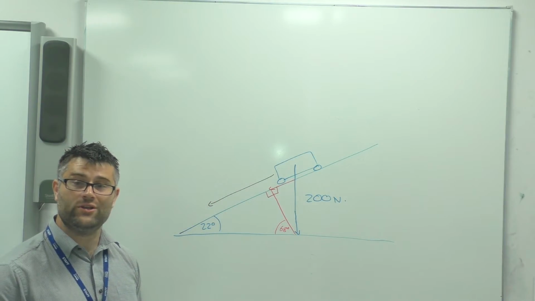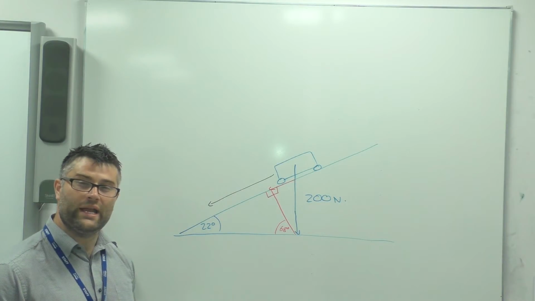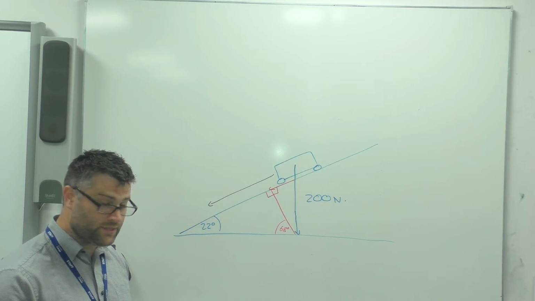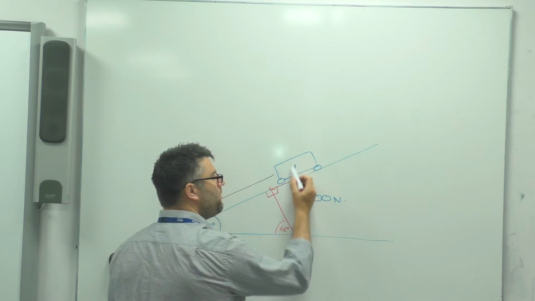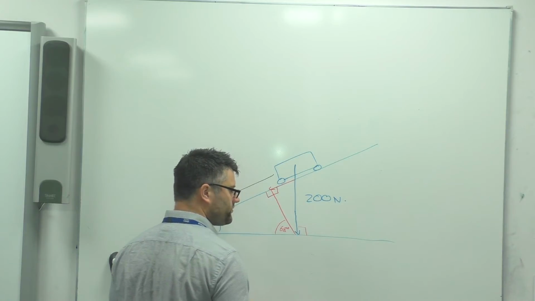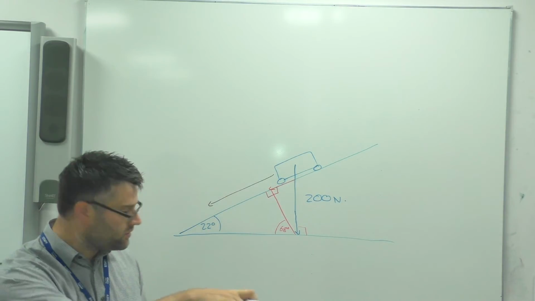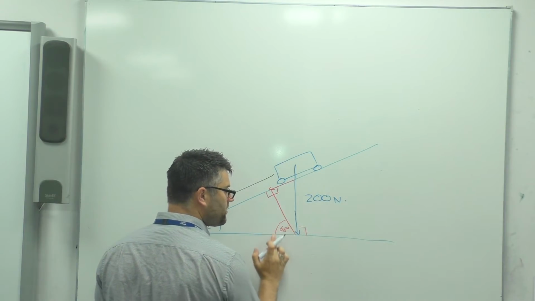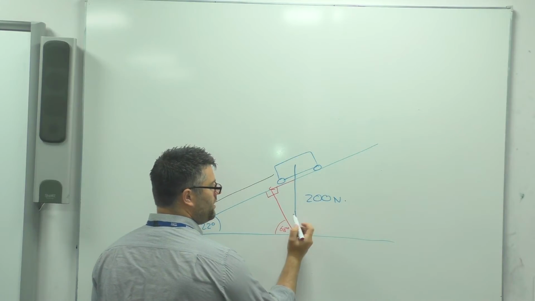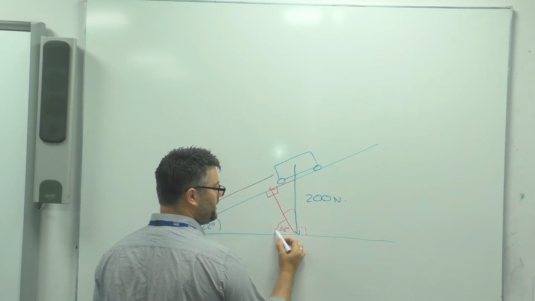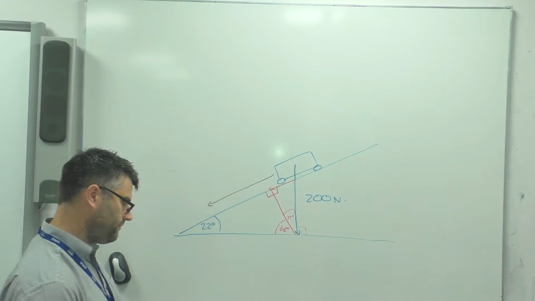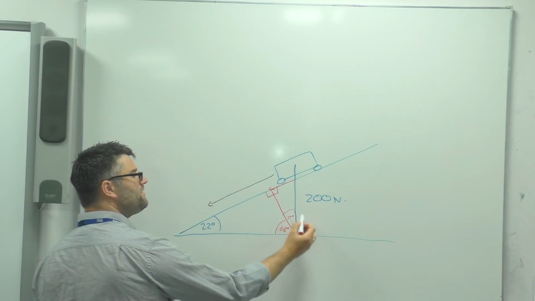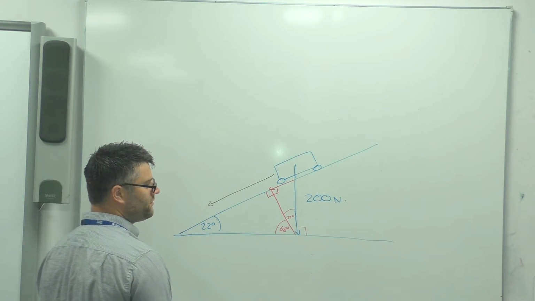Still, that's not in my triangle. So I need to find a different angle, and you should hopefully realise that the weight is always at right angles to the surface of the Earth. So this whole section must be a right angle, so therefore this angle here must add up to 90, it's 22 degrees. So this angle inside the triangle here is 22 degrees.